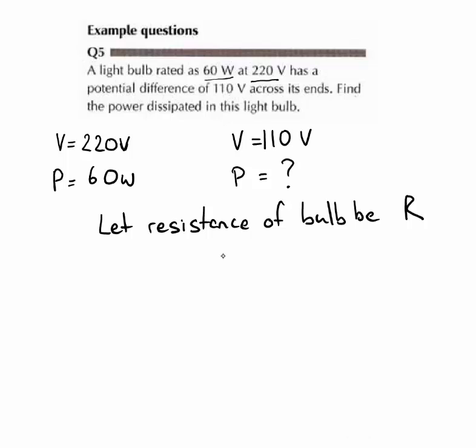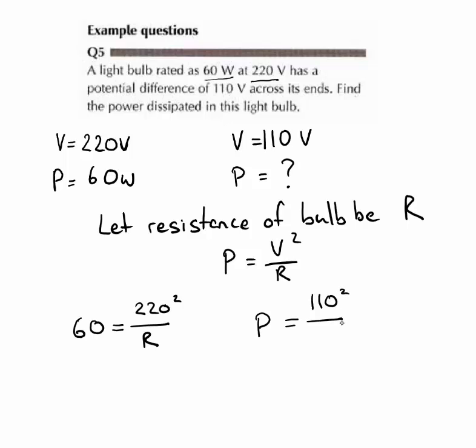And that equation that we're going to use, we saw before, was power equals V squared on R. Right, so for the first situation, we've got a power of 60 watts equals 220 volts squared over our unknown resistance R. And for the second situation, we've got a power unknown P is 110 volts squared over our resistance R.